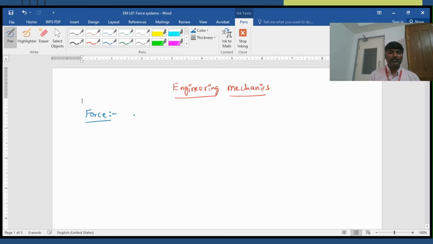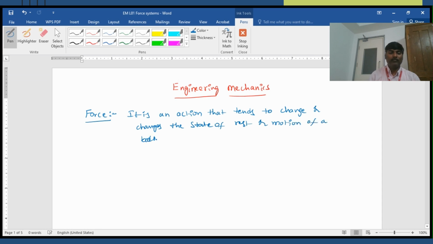So, force means it is an action that tends to change or changes the state of rest or motion of a body to which it is applied.